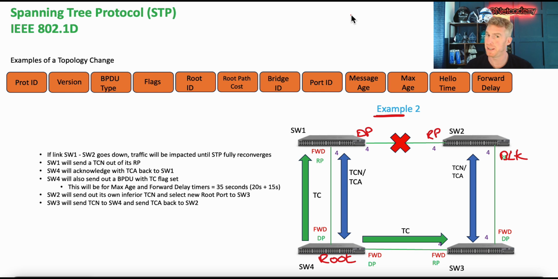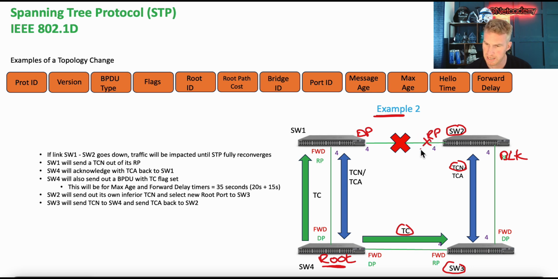Now this next part is different to example one, and it's really quite interesting to learn about the STP process. Two things will happen in these next two steps. First, SW3 has received that topology change notification from the root bridge, but it is also receiving a topology change notification from SW2, because SW2 has seen that link go down.